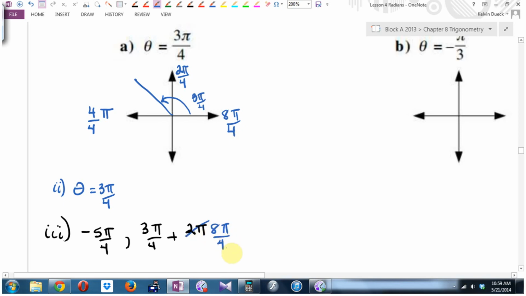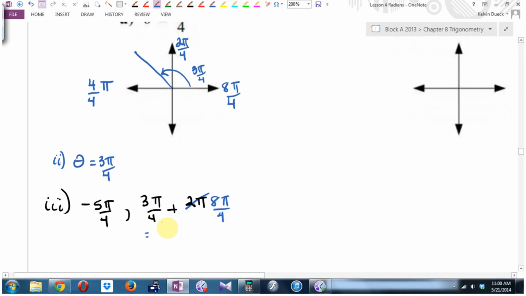Don't add 2 pi, add 8 pi over 4. What's 3 pi over 4 plus 8 pi over 4? In your head. What's 3x plus 8x? First of all, Rachel, what's 3x plus 8x? 11x. What's 3 pi by 4s plus 8 pi by 4s? 11 pi by 4s.